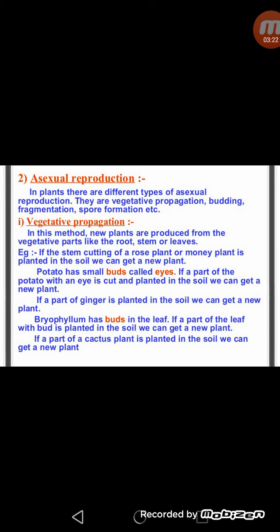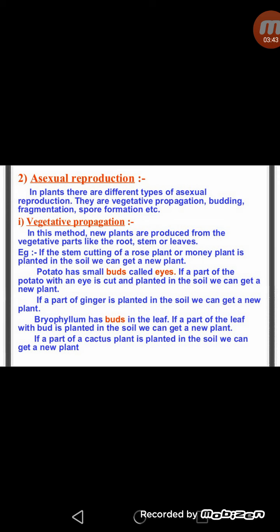As we know, in this method new plants are produced from the vegetative parts like roots, stem or leaves. As it is a type of asexual reproduction, there is no involvement of any flowers or seeds. For example, if the stem cutting of a rose plant or money plant is planted in the soil, we can get a new plant.